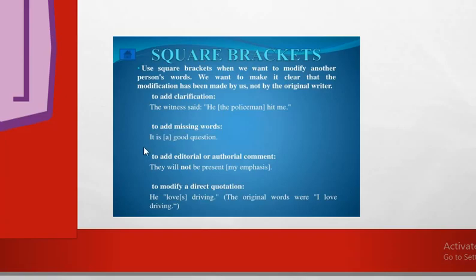To add missing words: it is [a] good question. Within the square brackets, a. To add editorial or authorial comment: they will not be present [my emphasis]. To modify a direct quotation: he [loves] driving.